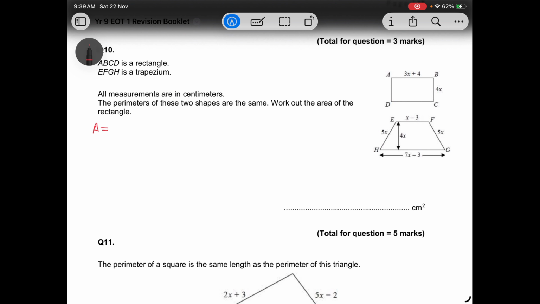And the length here is 3x plus 4, times the width 4x, right? Because you see this is the length, this is the width, and what next?